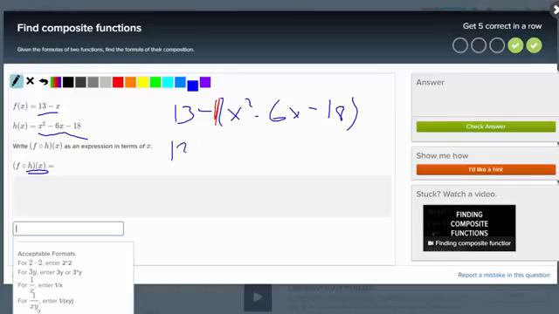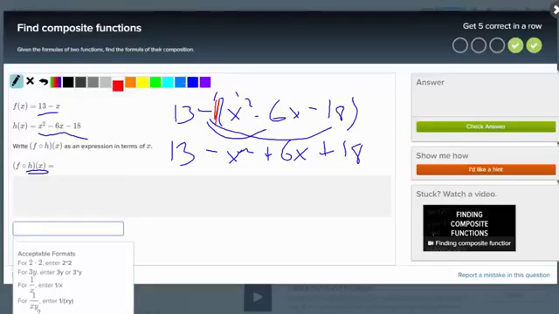So we have 13. Negative 1 times x squared gives me negative x squared. Negative 1 times negative 6 gives me plus 6x. And negative 1 times negative 18 gives me plus 18. Looks like the only like terms I have are 13 and 18.